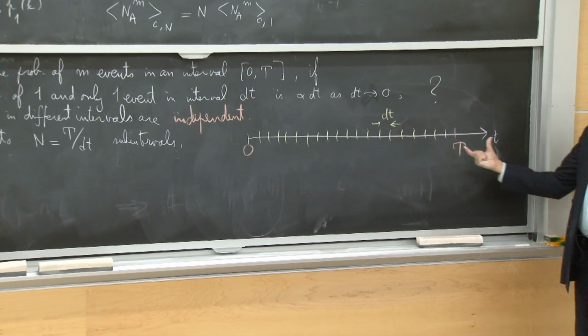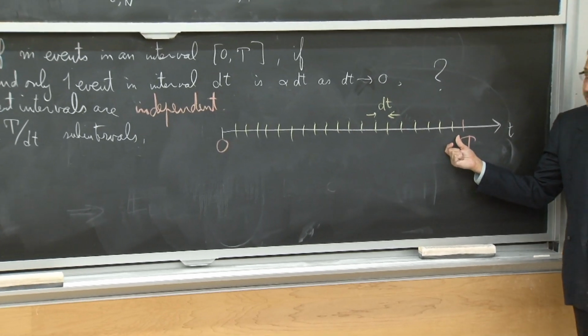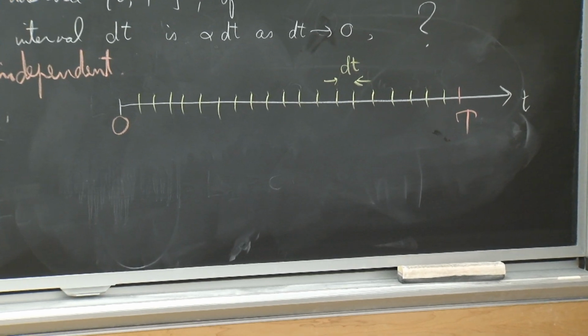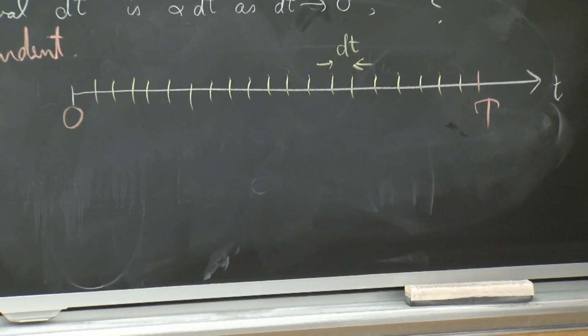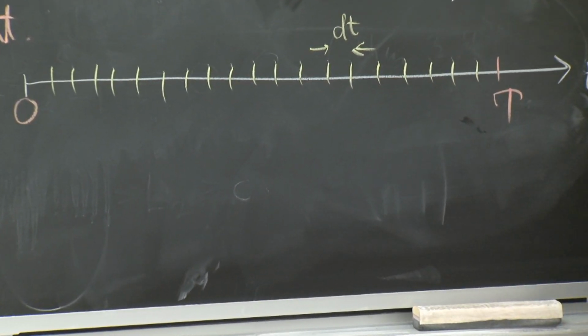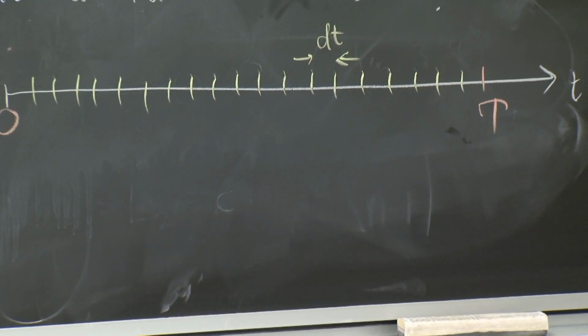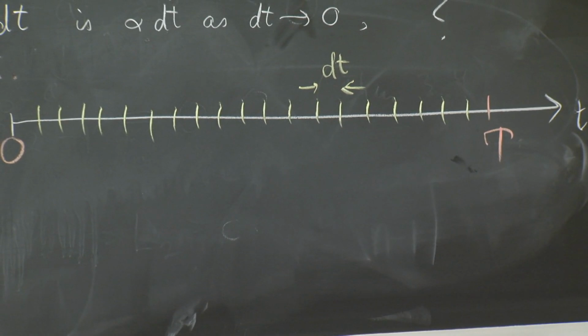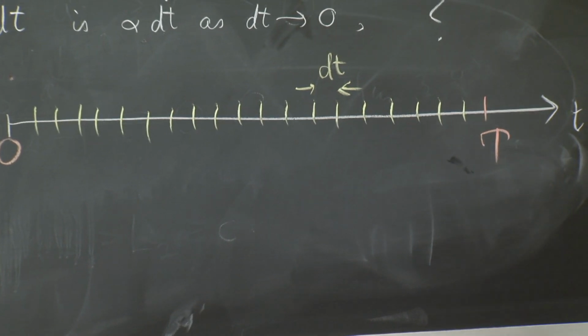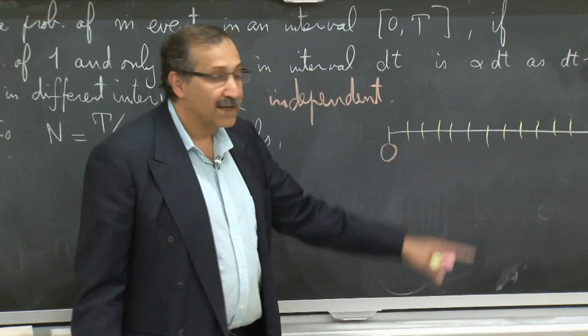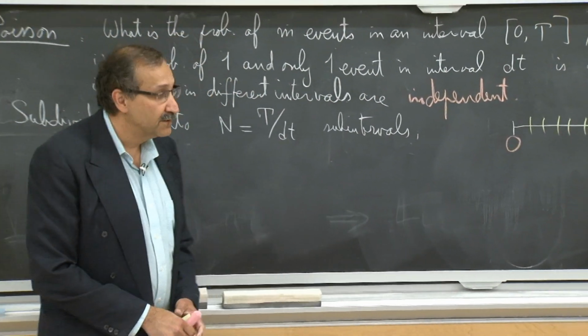And ultimately, clearly, I want to set dt going to 0 so that this condition is satisfied. Also because of the second condition, each one of these will independently tell me whether or not I have an event. And so if I want to count the total number of events, I have to add things that are occurring in different intervals.